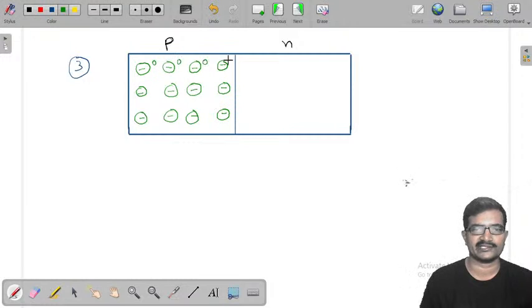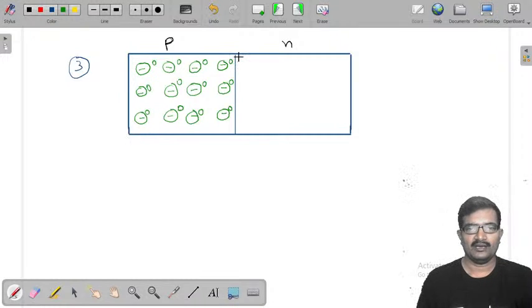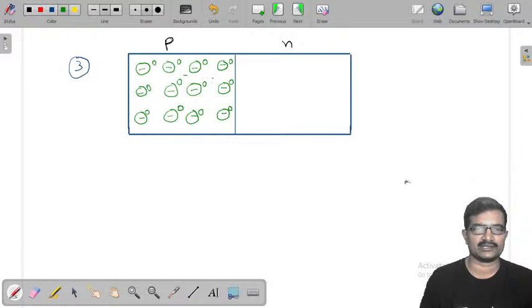So these are the holes. And under intrinsic condition, it has a few electrons and holes. These are the electrons, a few electrons and holes at intrinsic condition, like this.